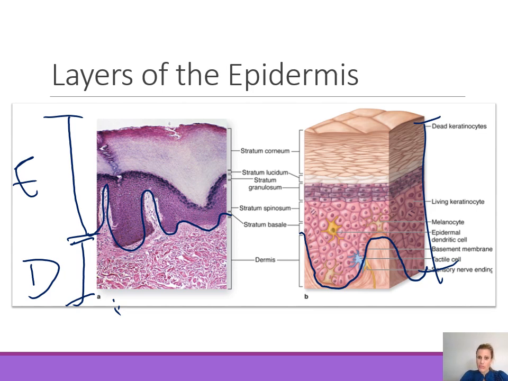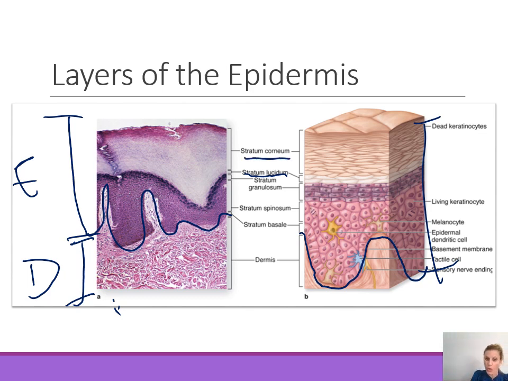Looking at these, both are thick skin, which means the epidermis is going to have 5 layers. I know that these are thick skin for a couple different reasons. One, there is a stratum lucidum. The stratum lucidum is only present in thick skin. It's not going to be there in thin skin.